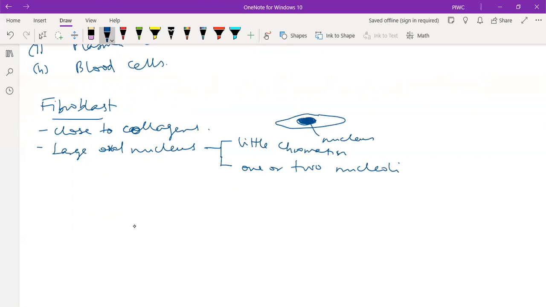So during mitosis, the cell becomes rounded, and then they also develop the processes that I just mentioned, so extensions of the cell membrane. Okay.